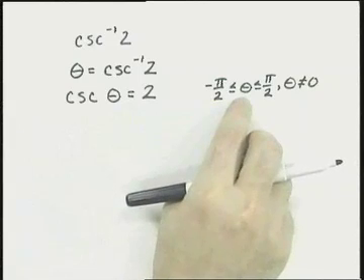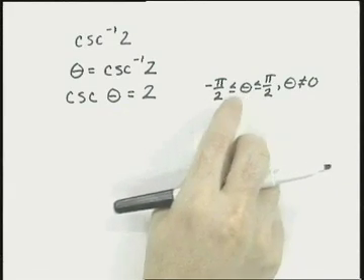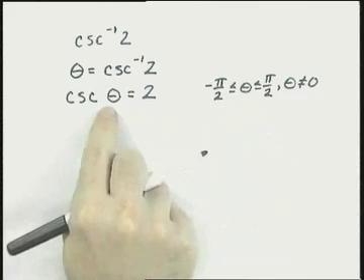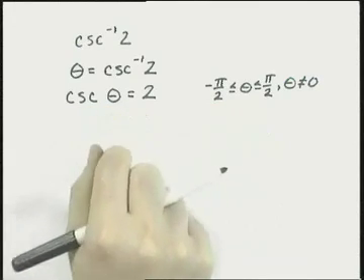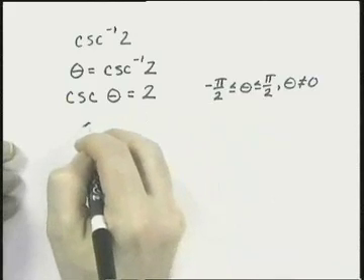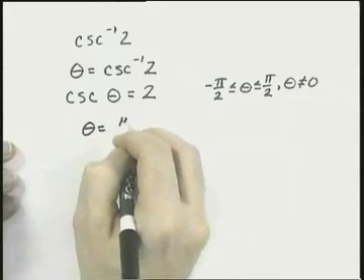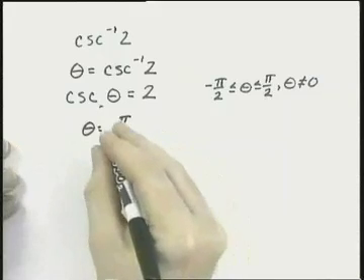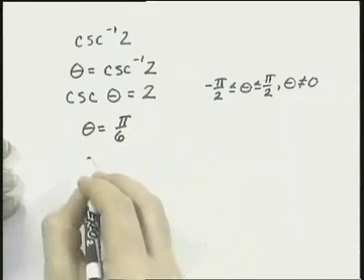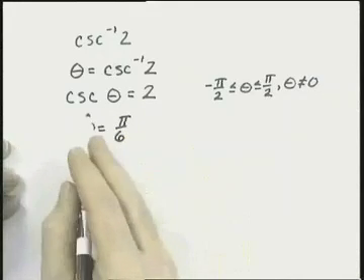So all we need to do now is ask ourselves, what angle in the first quadrant has as a cosecant 2? The answer is that the angle theta is going to equal pi over 6. And if you're having trouble remembering your values of your cosecant functions, we could do this in the following way.